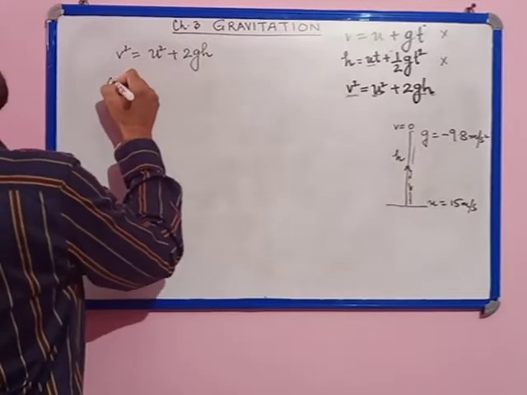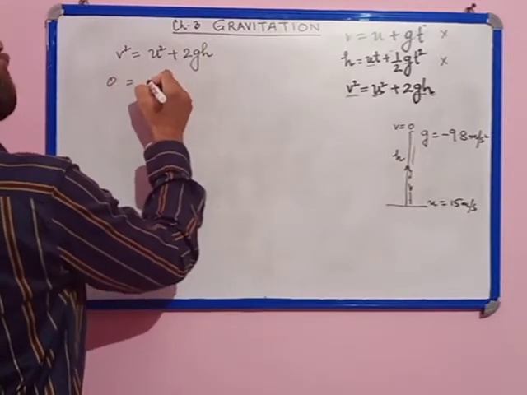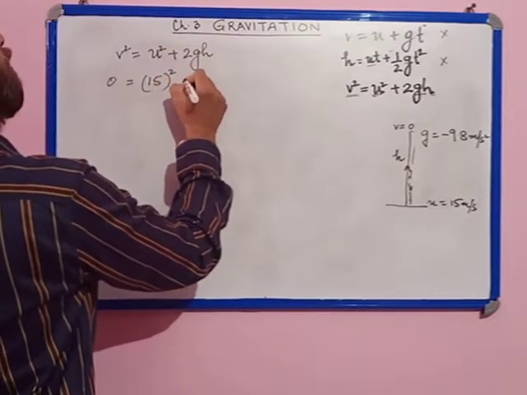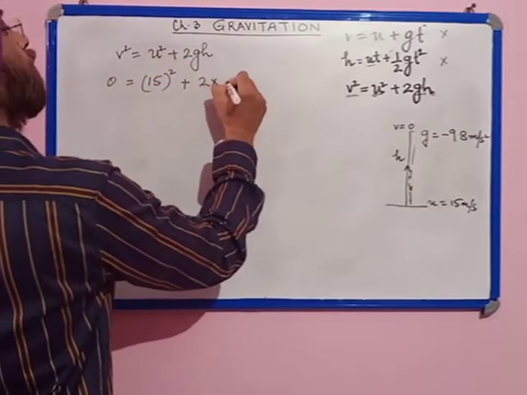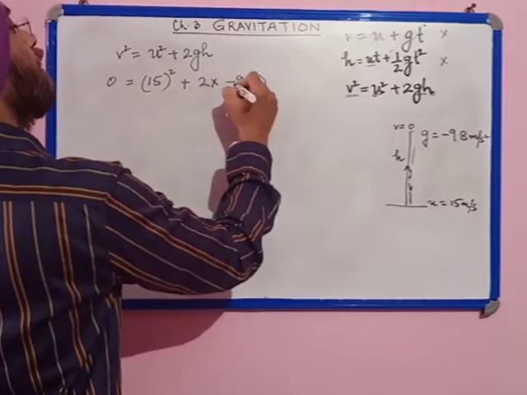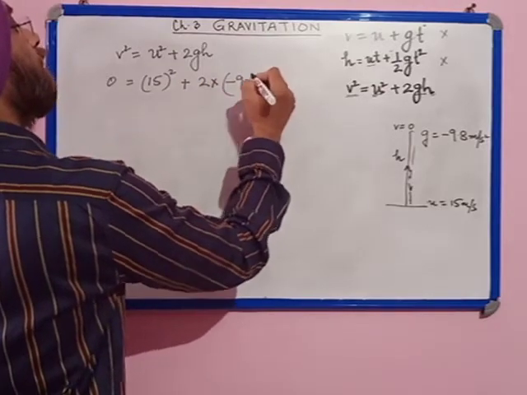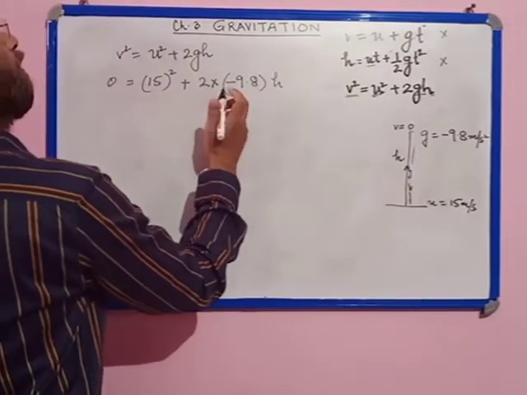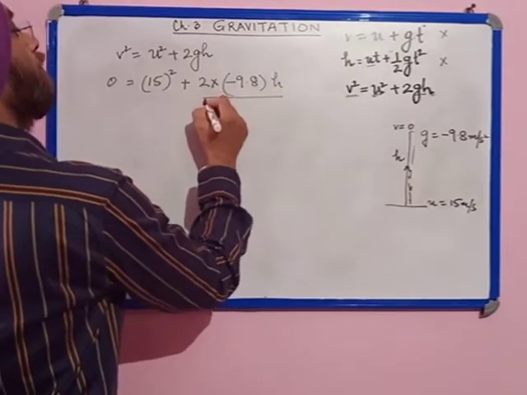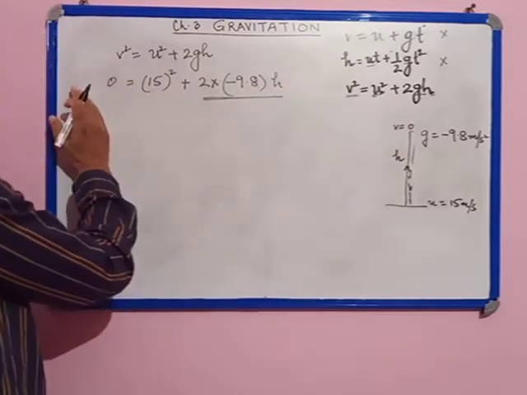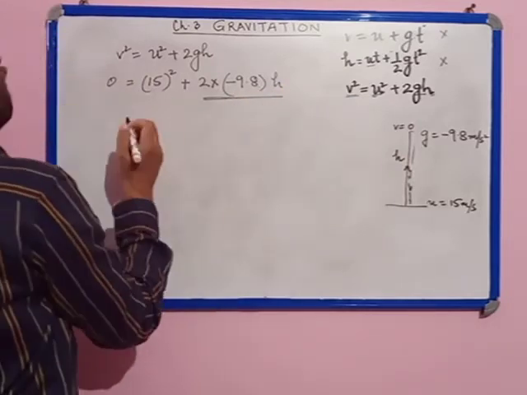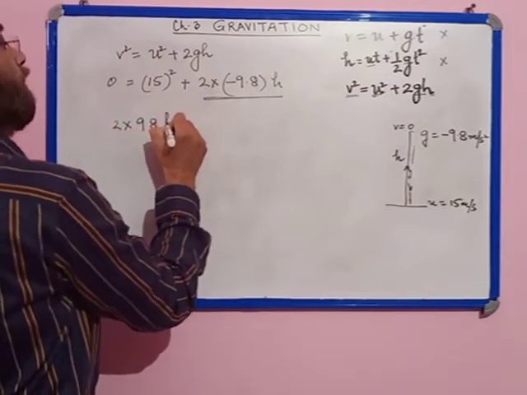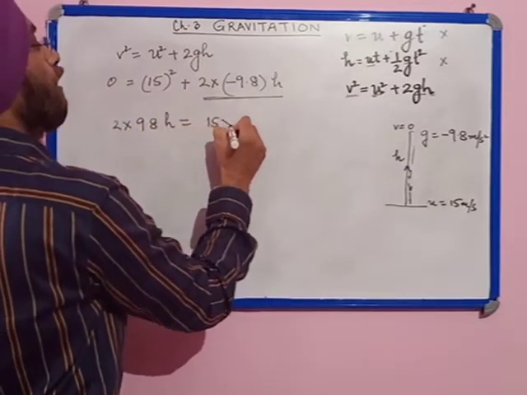Final velocity is 0, is equal to u square, that is 15 square, plus 2 into minus 9.8 into h. h is unknown, we have to find it out. Now this term will come to the left side and it will become plus. So we write 2 into 9.8 h is equal to 15 into 15.